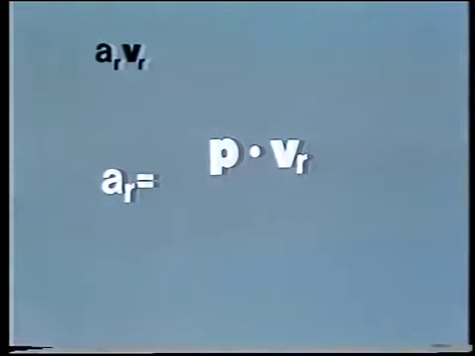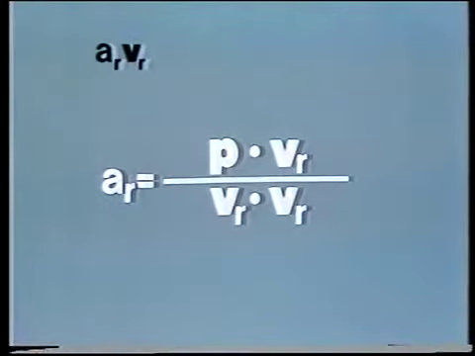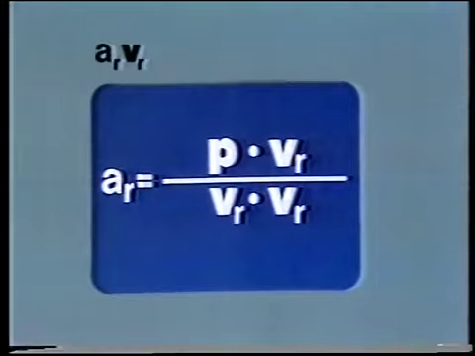So now we need to find a general expression for a_r of v_r. Remember, a_r equals p dot v_r over v_r dot v_r. So this is the general expression for the rth Fourier coefficient.